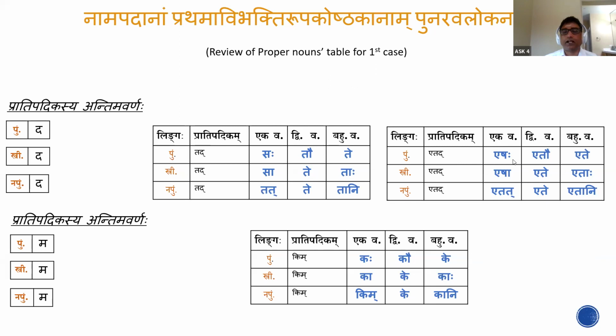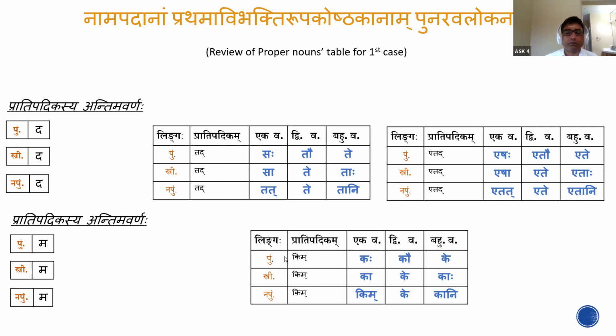With this, you can derive this just by putting a. Automatically, sa will become sha. All these things you have to take care of, that goes without saying. Eshaha etau ete, esha ete etaha, etat ete etani. If you know this, you know this also. You just put ka, kaha kau ke, ka ke kaha, kim ke kani. That's all this is.